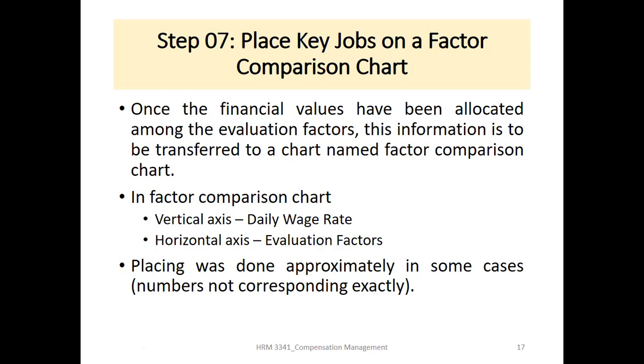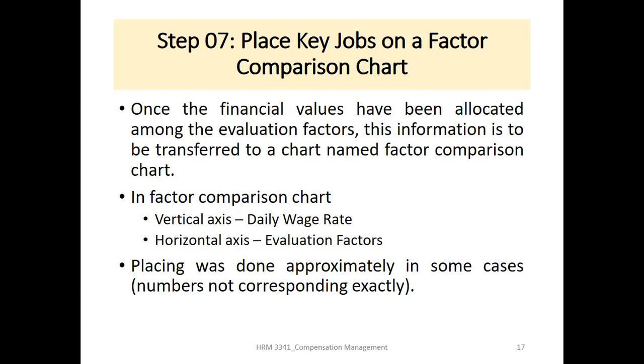Now we have factors. Now we have financial values based on each and every factor. Then we can transfer this information into the chart that is called the factor comparison chart.